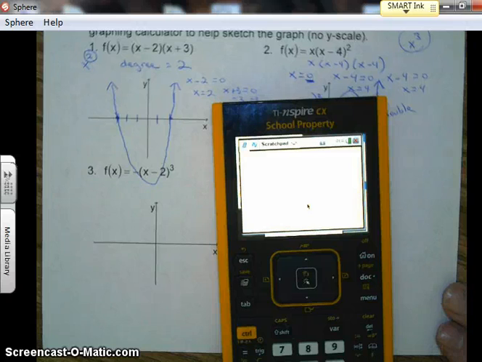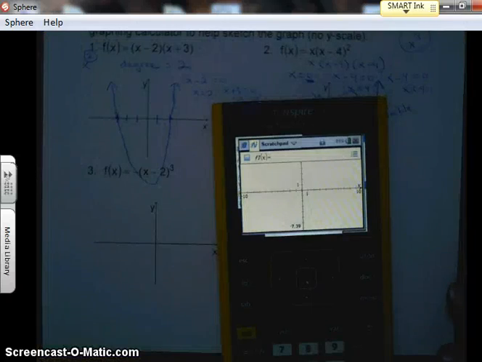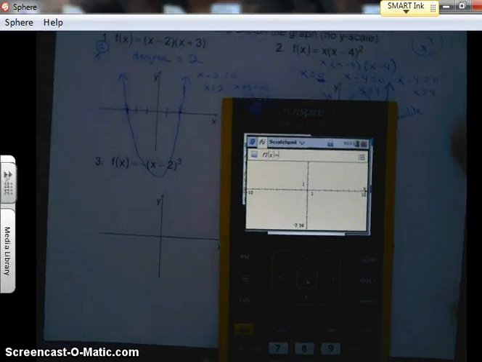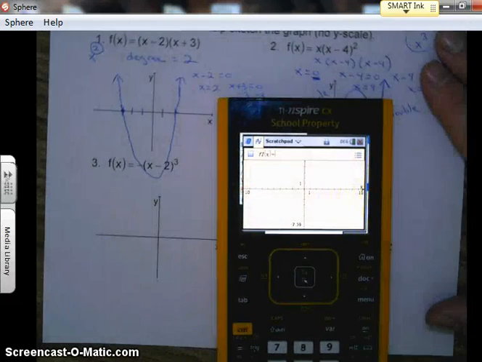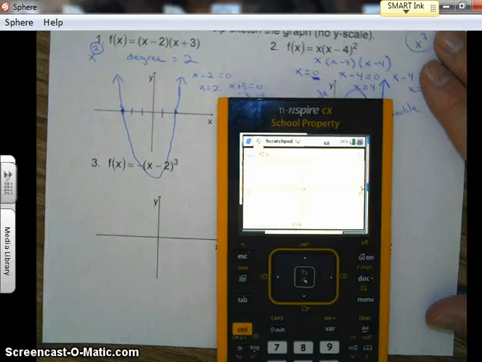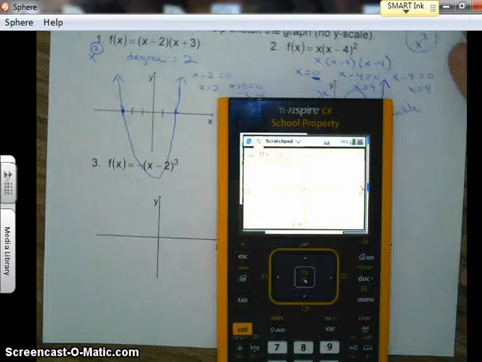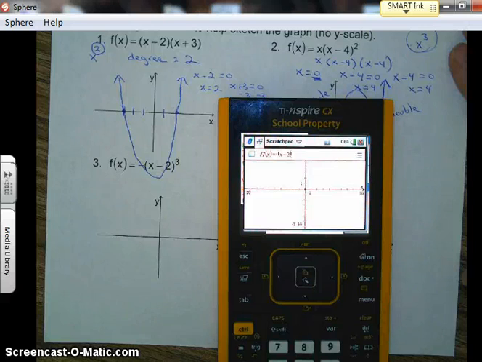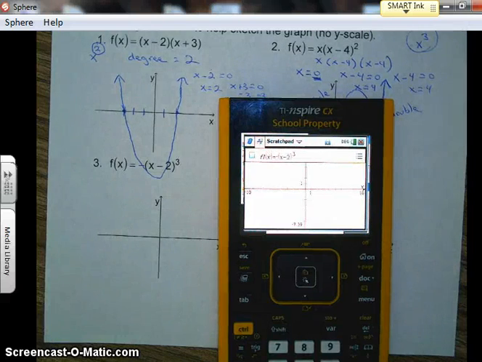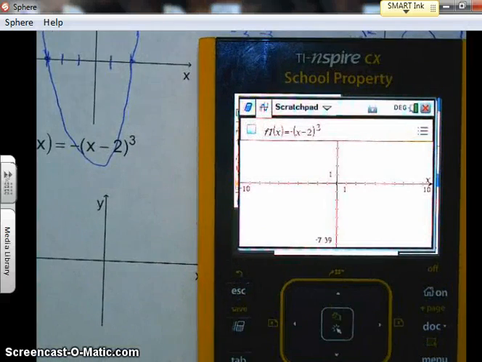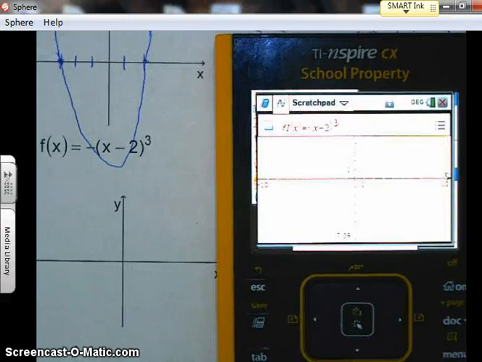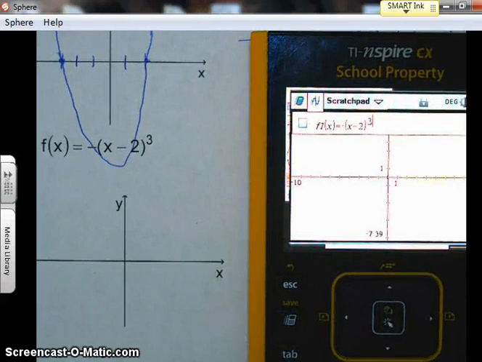So it takes me back to the calculator, press the scratch pad. Now I've lost my calculator again. Okay, let's plug this in. So negative x minus 2, and I lost it again, raised to the third power. All right, and then we can graph this. Press enter.